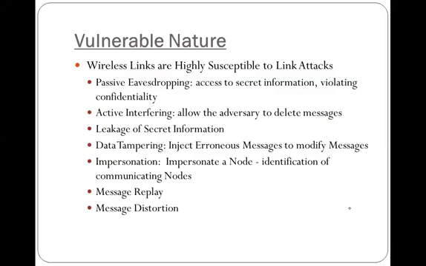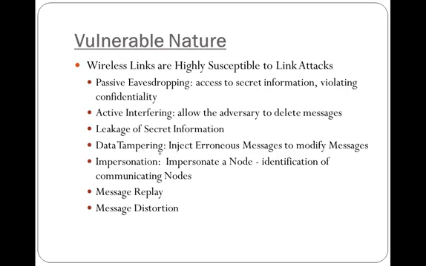Similarly, we can have active interference, which allows the adversary to delete messages. If you have a look over here, this is some sort of active attack where you destroy different messages of a user. Then leakage of secret information: while observing, you find some secret information and send it to some other node, which might be an enemy of this node.